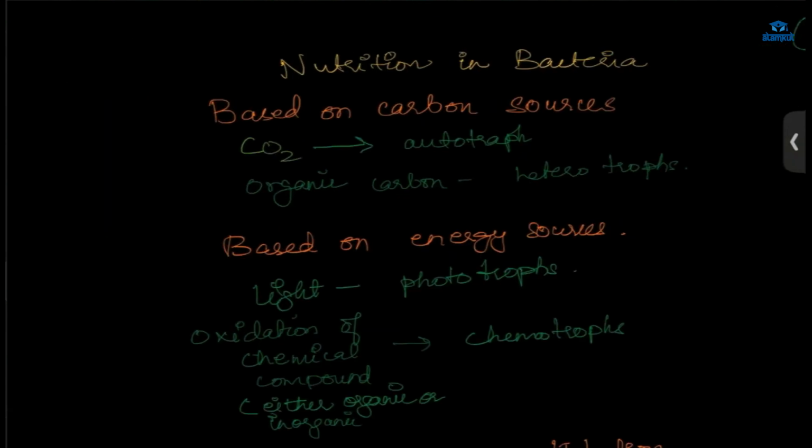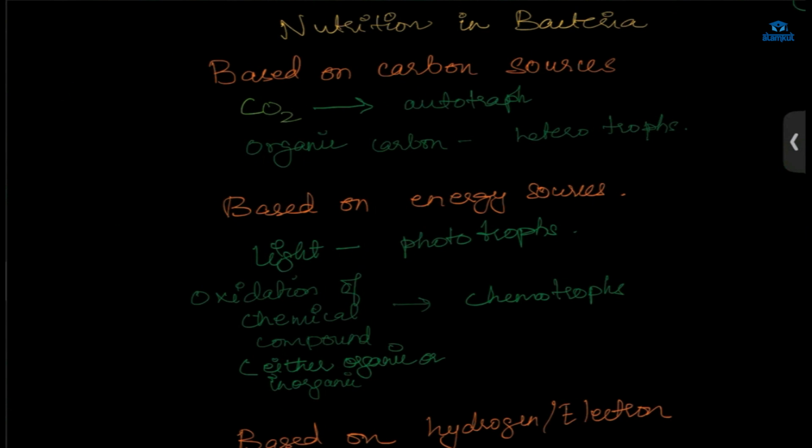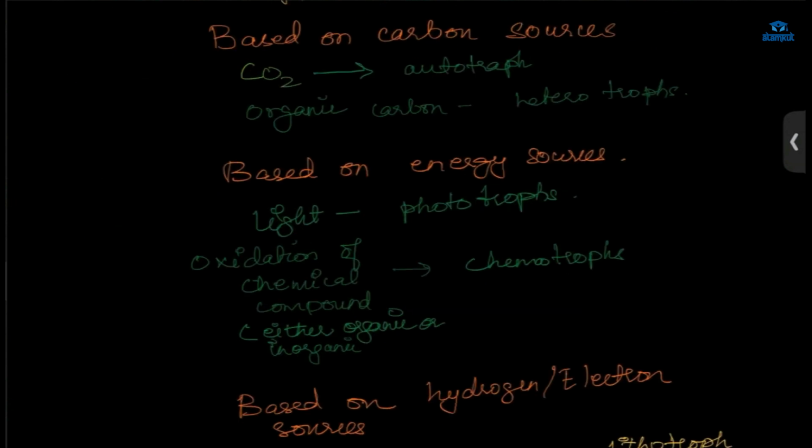Yes, I was telling that bacterial nutrition is based on carbon source, energy source and hydrogen source. Based on the carbon source, if the bacteria are getting carbon dioxide, that is autotrophs, and if they are getting organic carbon, then it is heterotroph. Next, based on the energy source, light energy is phototrophs.